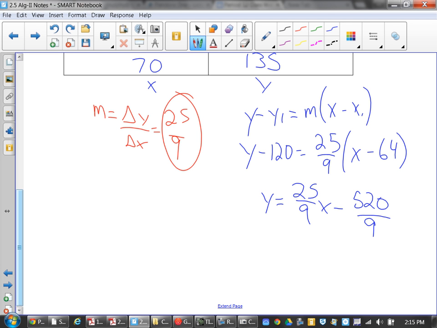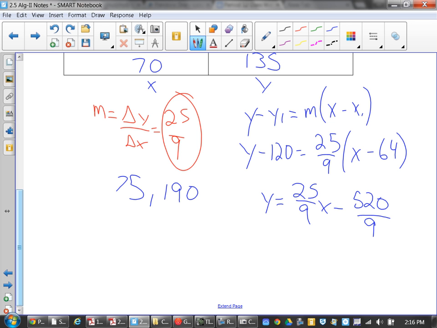Let's check it. I'm 6'3", and I'm 190. So with any luck, if I substitute x and y there, it should be right. So 25 over 9 times 75 minus 520 over 9 says it's 150.